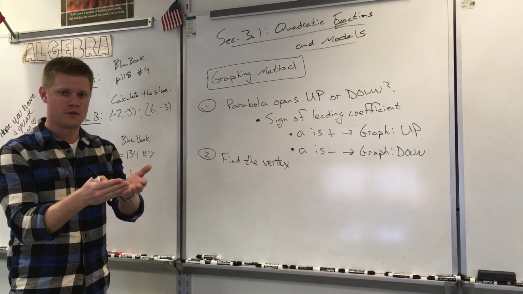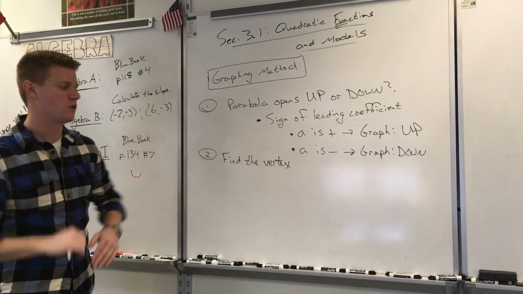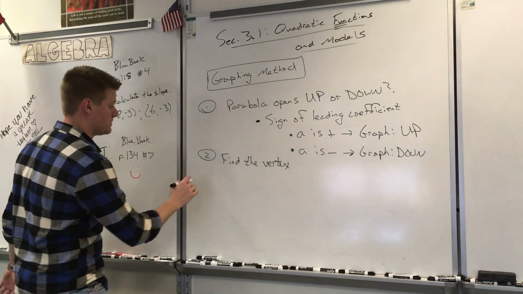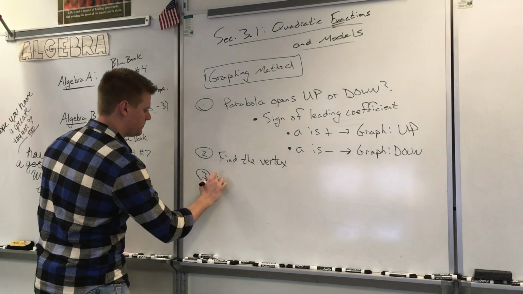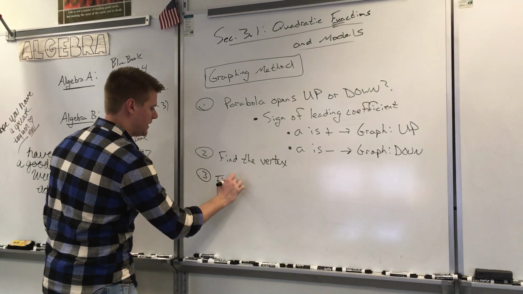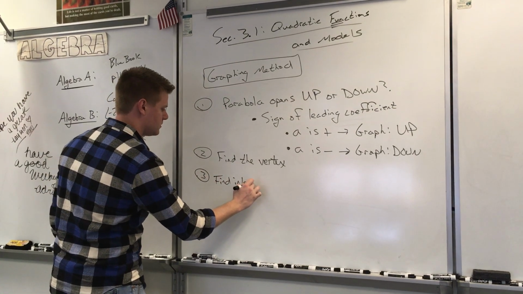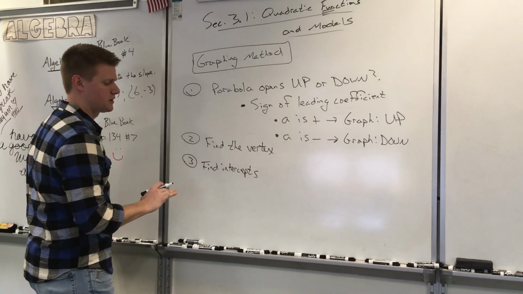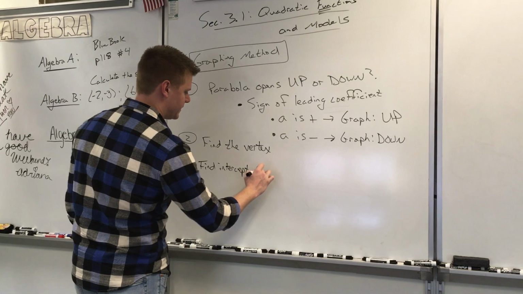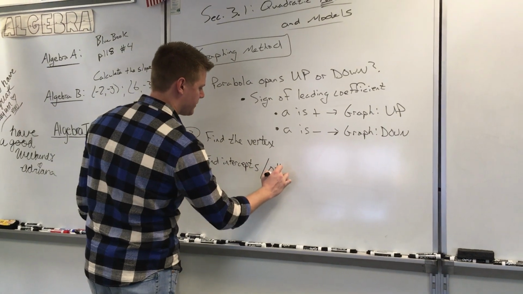Where does the parabola open upward or downward from, whether it's the maximum or minimum? And then the third step for graphing these is to find intercepts. Again, an old concept that we've used already, and I'm going to throw in with this finding intercepts or other points.